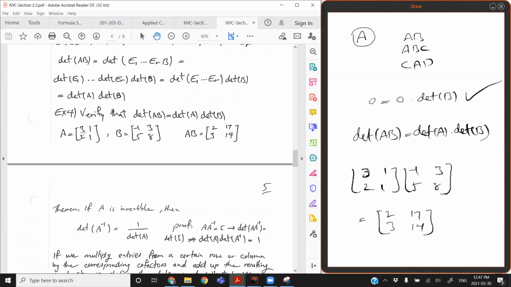And then I can calculate the determinant of the product. I can also calculate the determinant of each one of these matrices, A and B, and verify that this is the case. I'm going to give you 1 minute to do that. You can just use the arrow technique, because for 2 by 2, that's the only way you can calculate the determinant, AD minus BC. Check it and see whether that's the case.